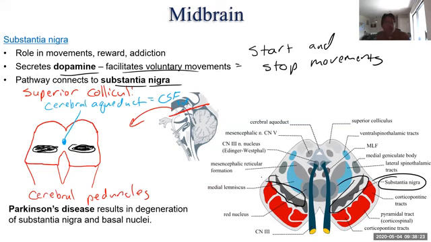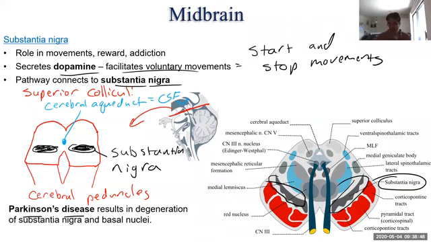I mention this because in some patients, we have Parkinson's disease, right? In Parkinson's disease, this part of the brain, the substantia nigra, begins to degenerate. And you lose the ability to initiate your movements and to terminate your movements. It becomes very difficult to start moving and to stop moving.